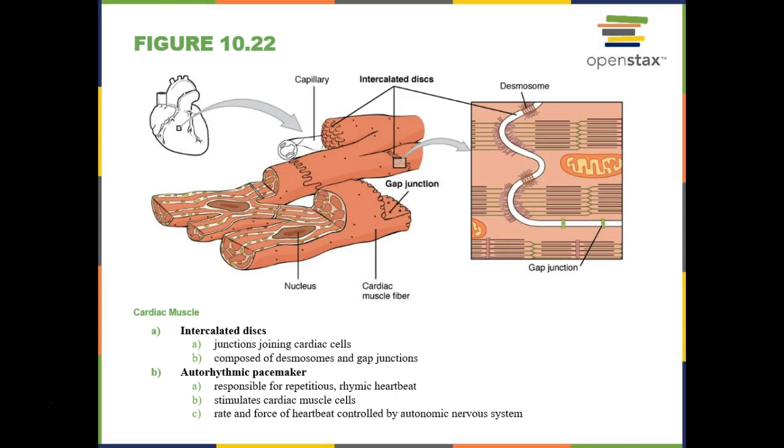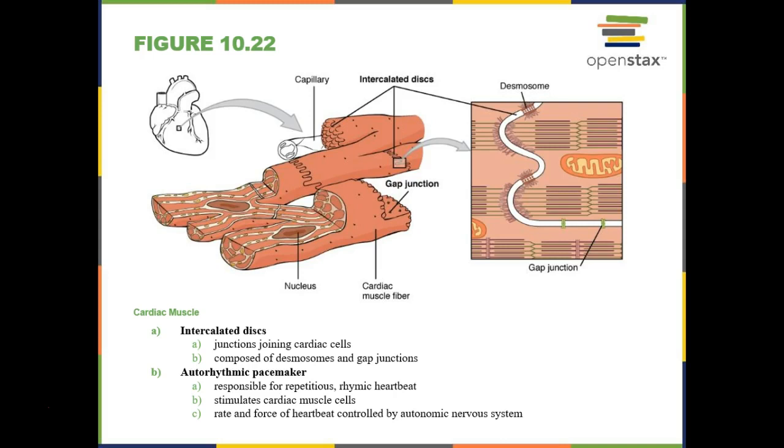The major pacemaker in cardiac muscle is called the sinoatrial node. It's found in the right atrium, and it will send a signal about every 0.8 seconds, depending on what we need.